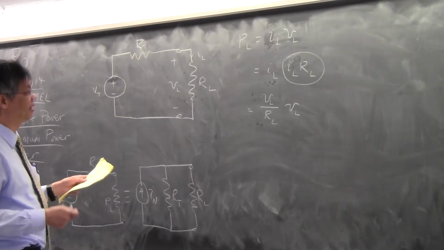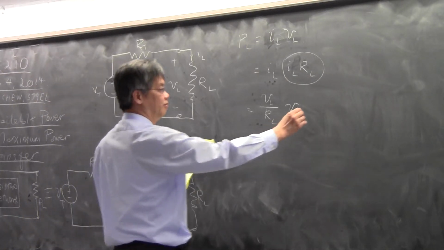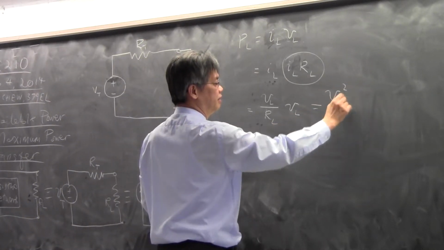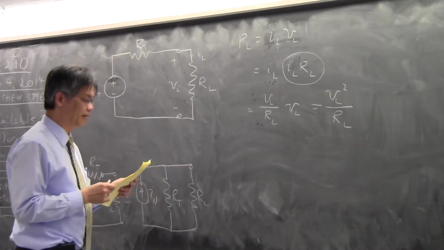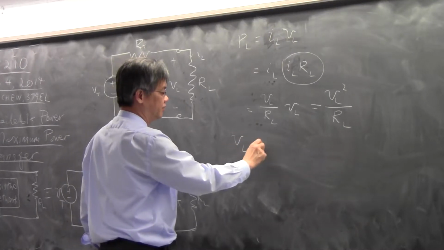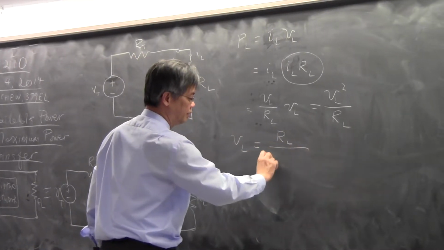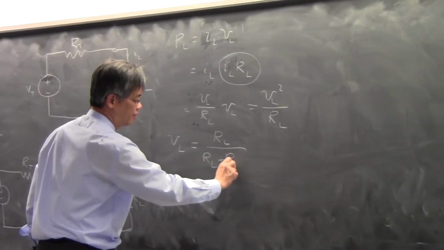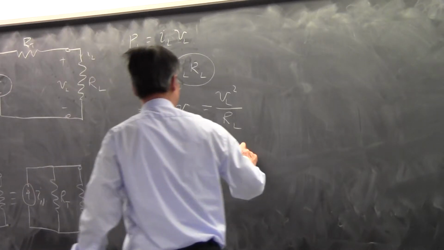So if I write out P load in terms of V load, then it's V load squared over R L. Okay, but I can write out V load very easily as a voltage divider. It is given by R load over R load plus R Thevenin times V Thevenin. This is just a voltage divider formula.